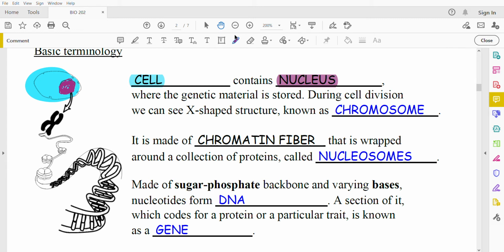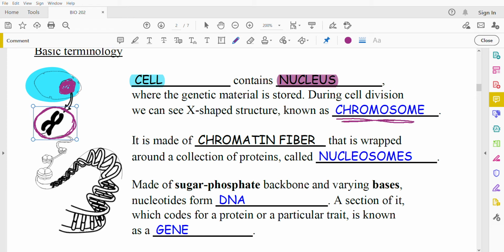Another thing that we see is that during cell division, the DNA within the nucleus condenses into structures which we know as chromosomes. Chromosomes are these X or H-shaped structures, if you wish. They are simply condensed DNA, and there will be multiple chromosomes in each cell.